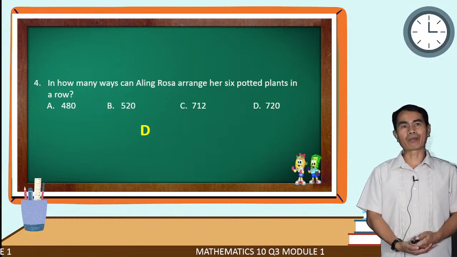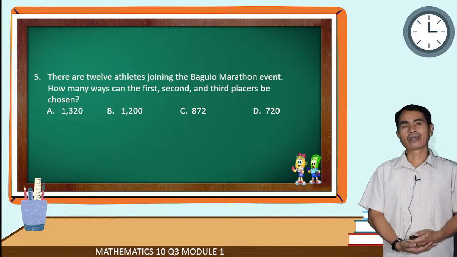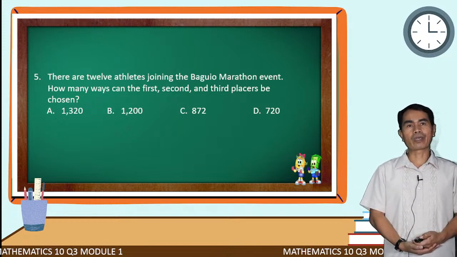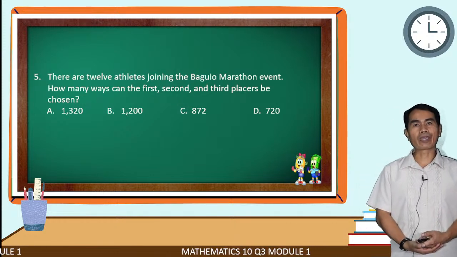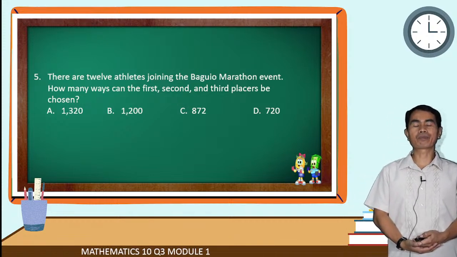Okay, the last question for this assessment is, there are 12 athletes joining the Baguio Marathon event. How many ways can the first, second, and third placers be chosen?